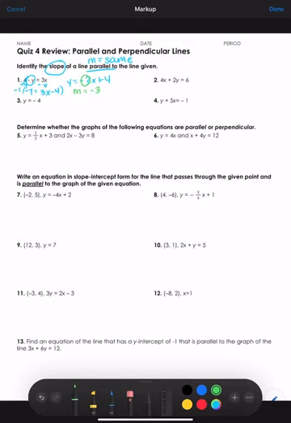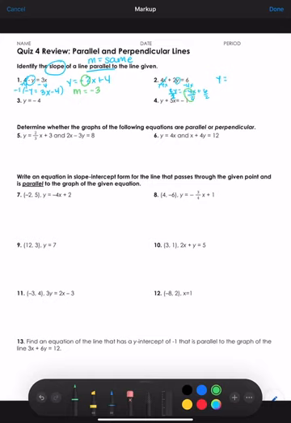If the slope of this line is negative 3, that means the slope of any parallel line is also negative 3. Moving on to the next one, number 2 is 4x plus 2y equals 6. Once again, I need to get this in slope-intercept form, meaning I need to get the y by itself. So I'm going to move the 4x to the other side by subtraction. I'm left with 2y equals negative 4x plus 6. I'm going to divide everything by 2 to get rid of that 2. And I'm left with y equals... some of us have been struggling with this kind of stuff, so I'll slow down a little bit.